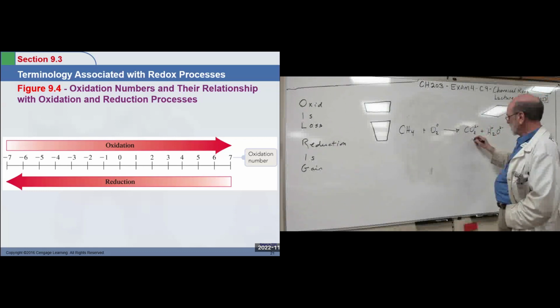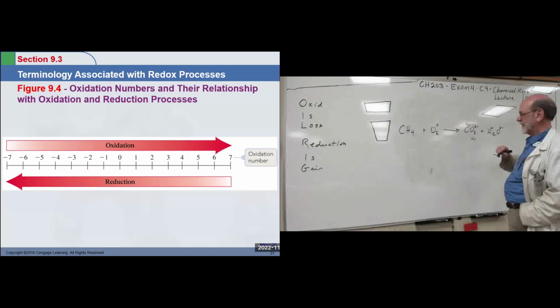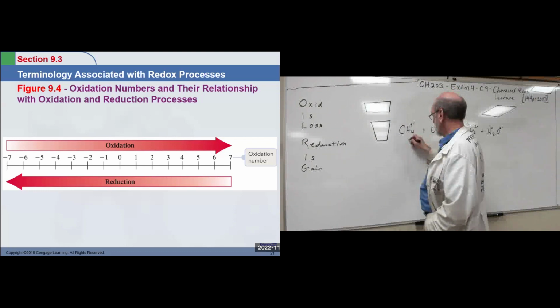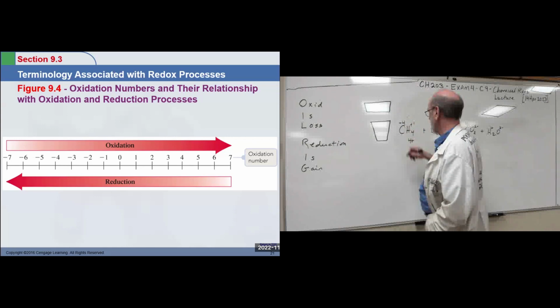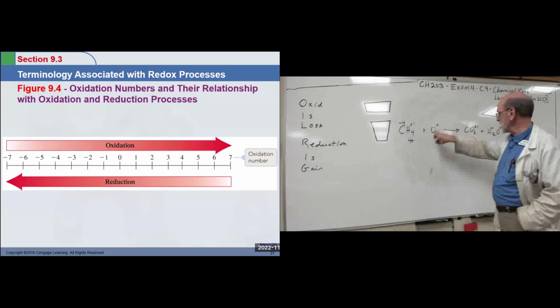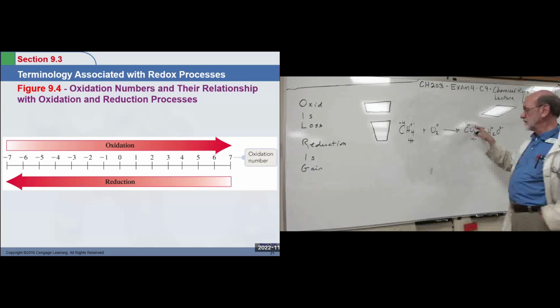That means with a 4 minus here, this one has to be a 4 plus. But over here, this one is plus 4. This one is minus 4. Right. So oxygen has gone from 0 to 2 minus in 2 different locations, actually.